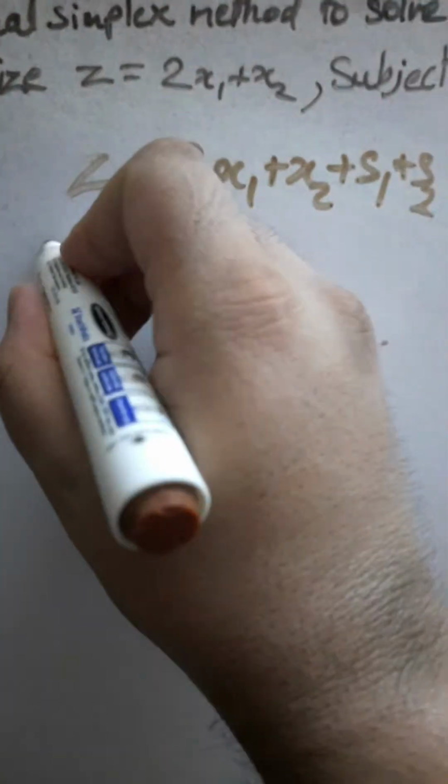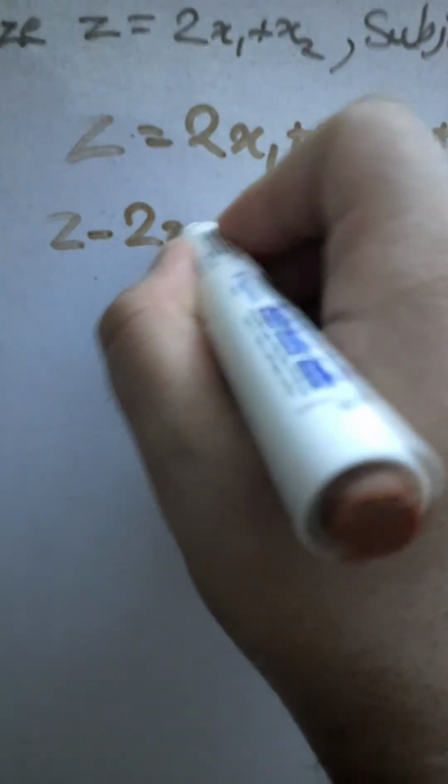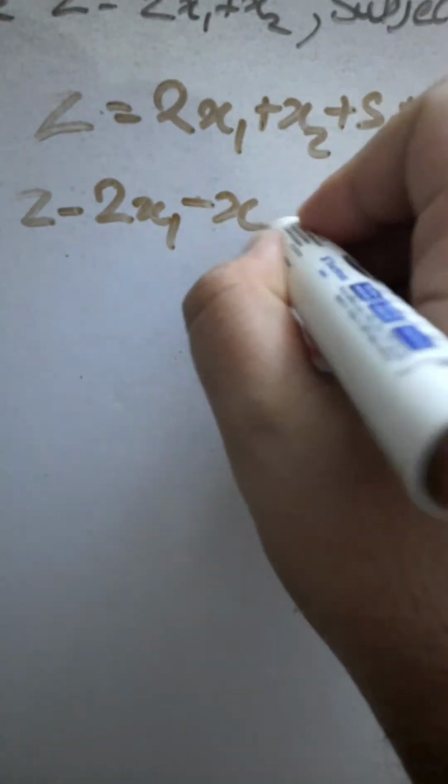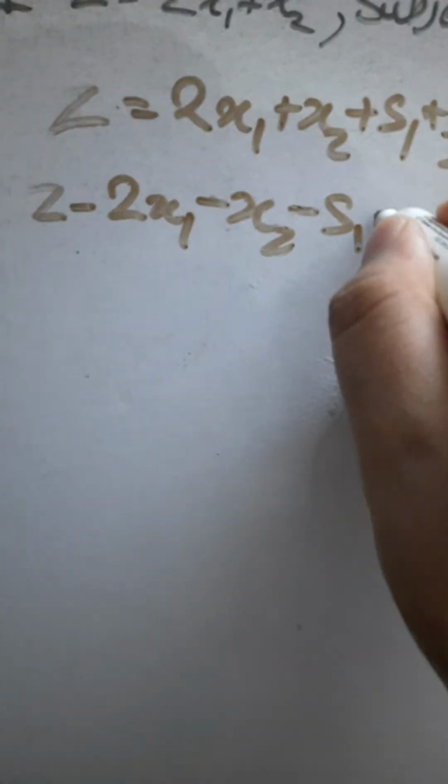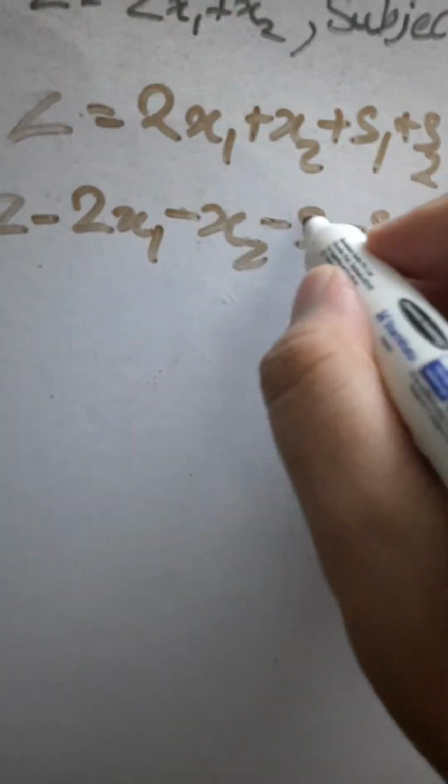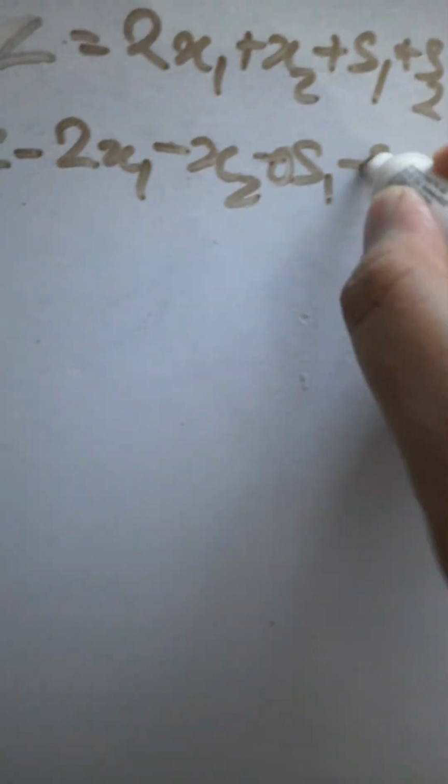Then they come to this side, so Z minus 2x1 minus x2 minus s1 minus s2, and this all would be 0 here.